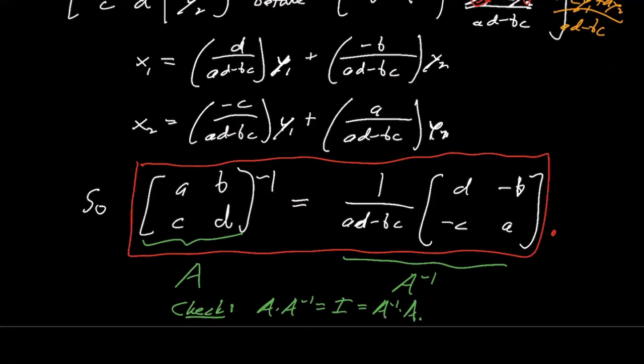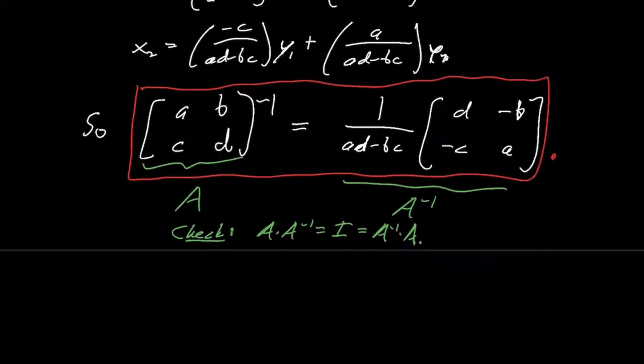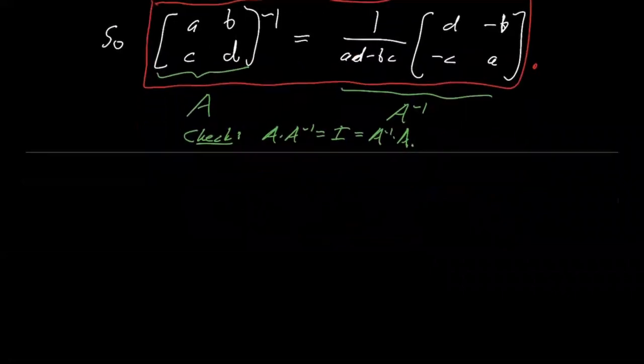But it's also worth noticing that, and we've actually come across this before earlier in the semester, that we need AD minus BC to be non-zero, right? So we also get this condition. This is going to come up later.